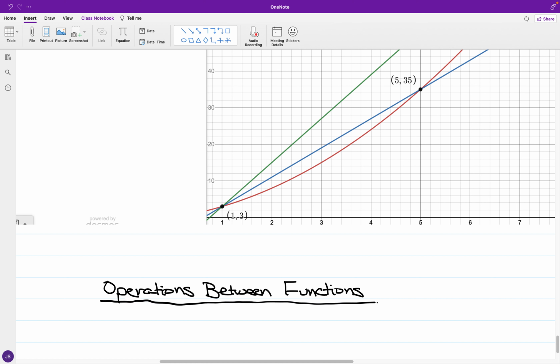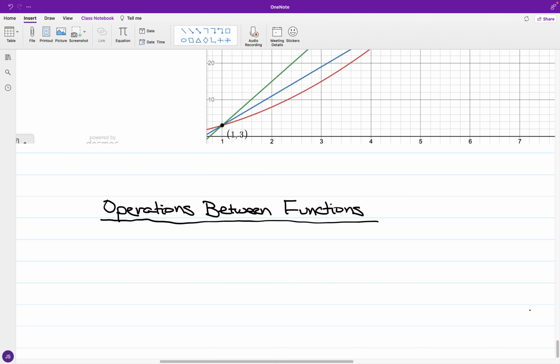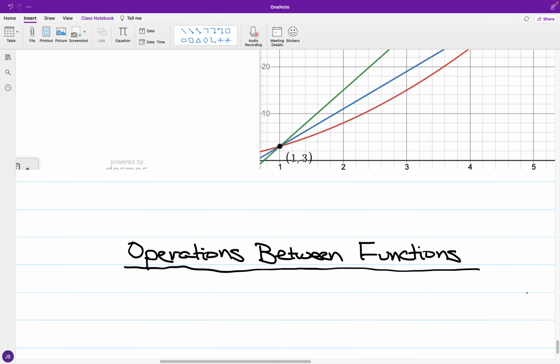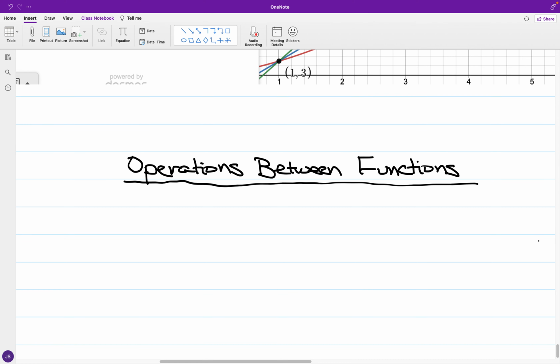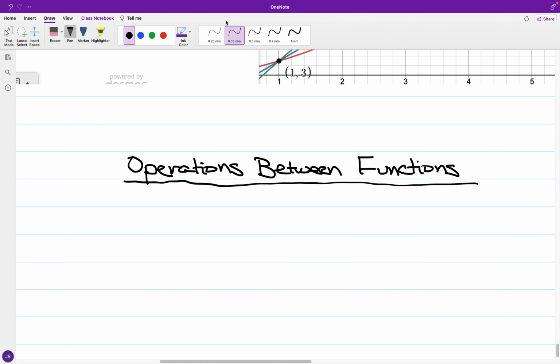For operations between functions, we'll be looking at the first four types, and the first four will be the more basic variety.